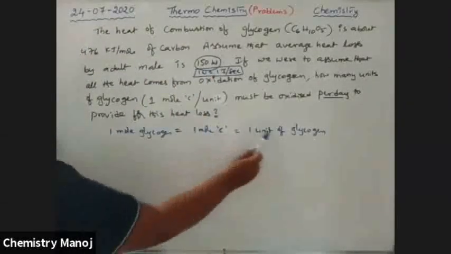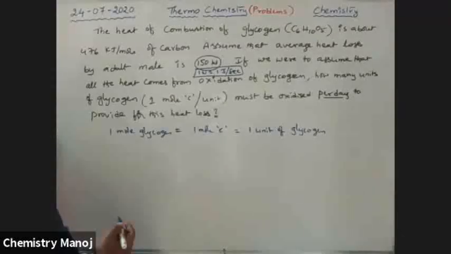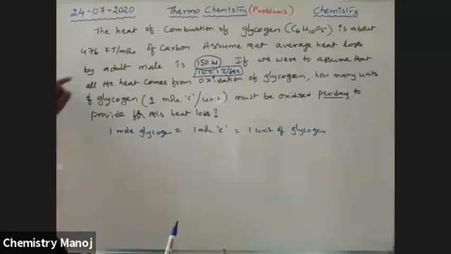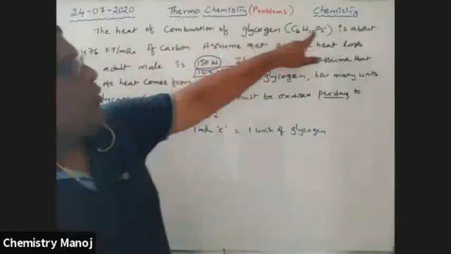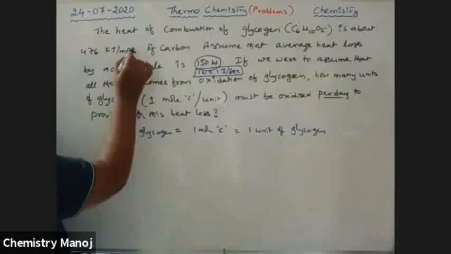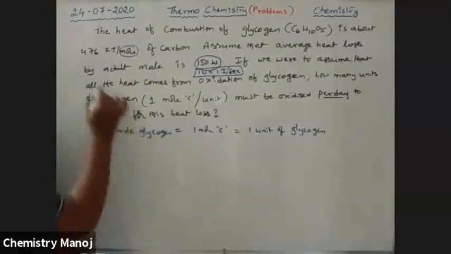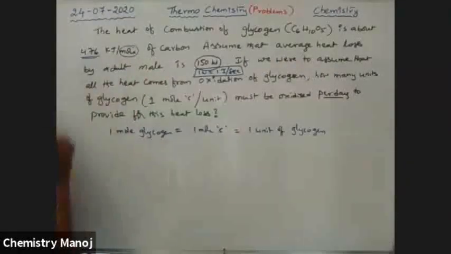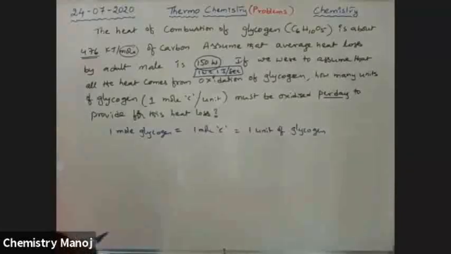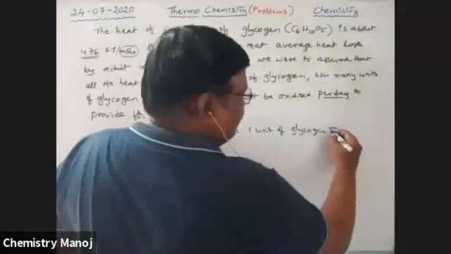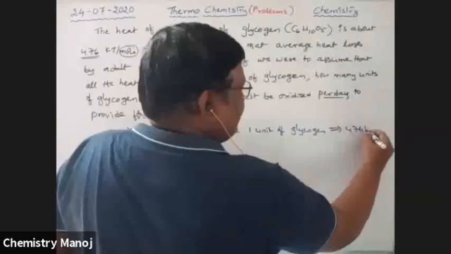So 1 mole of carbon is equal to 1 unit of glycogen. The heat of combustion of glycogen is per mole, so 1 mole of glycogen on combustion gives 476 kilojoules.